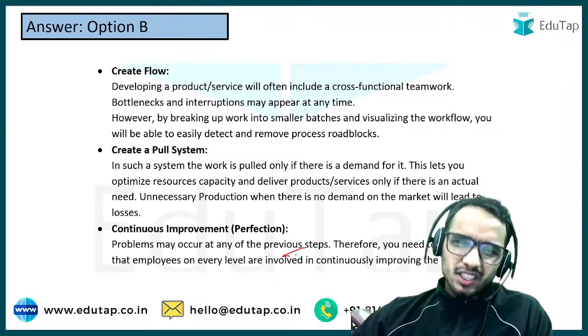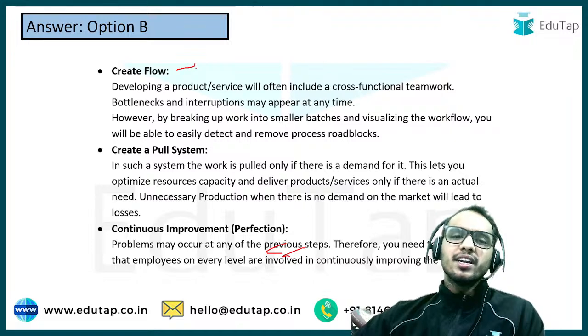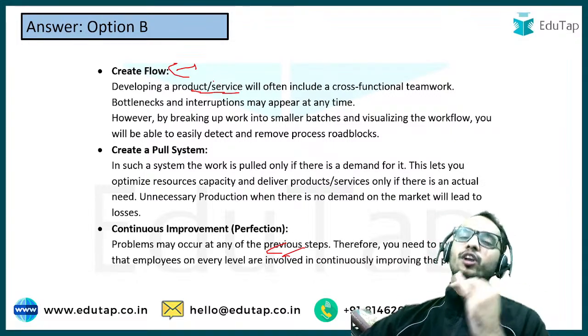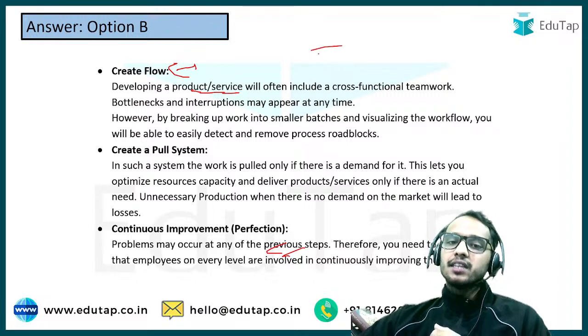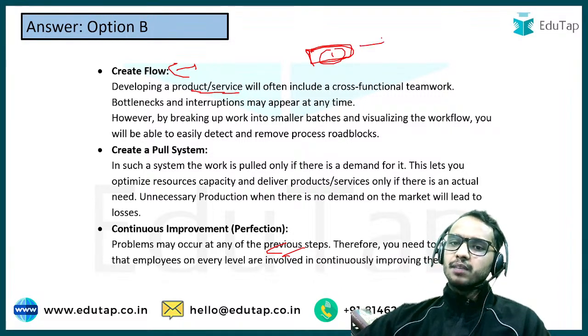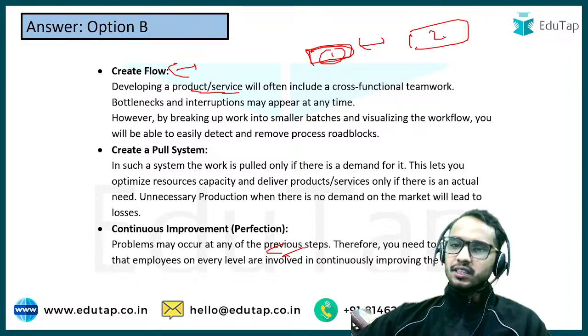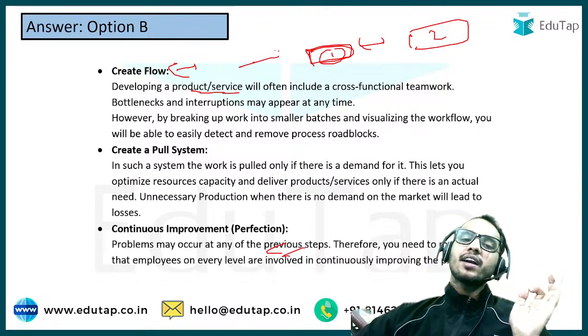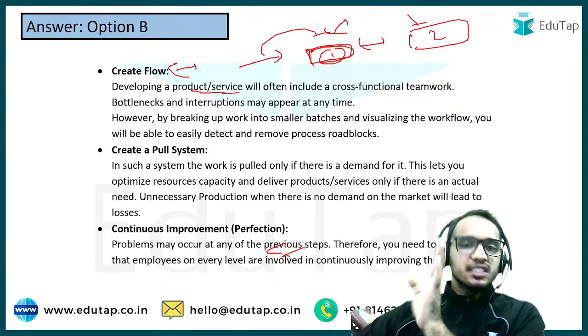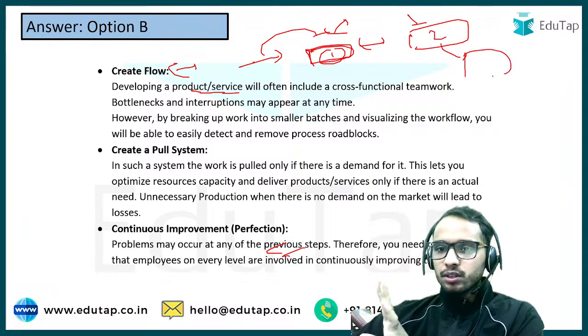Then create flow. This is very easy. Basically you create flow to develop the product so that no bottlenecks are there. Bottlenecks means there is a hindrance. Suppose one process is this, and in the manufacturing process the second process is this, right? When a product has passed from the first process, it will enter into the second process, then into the third process.